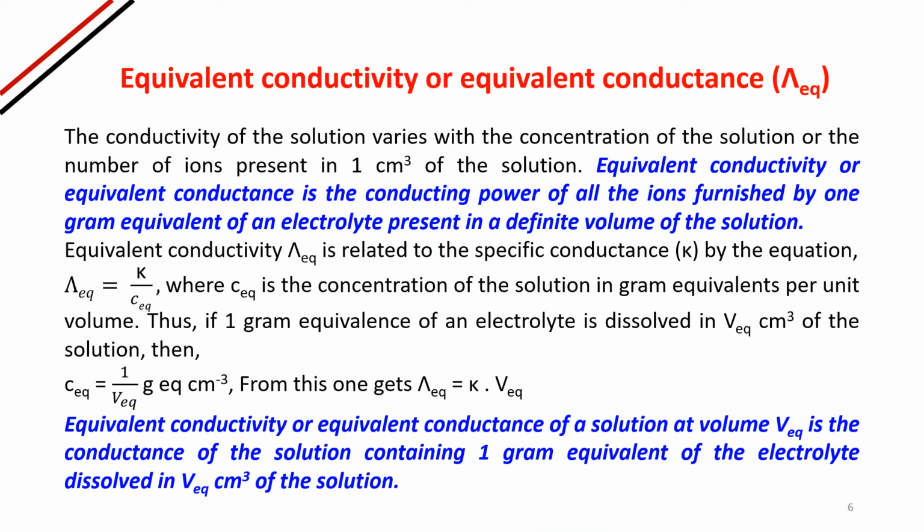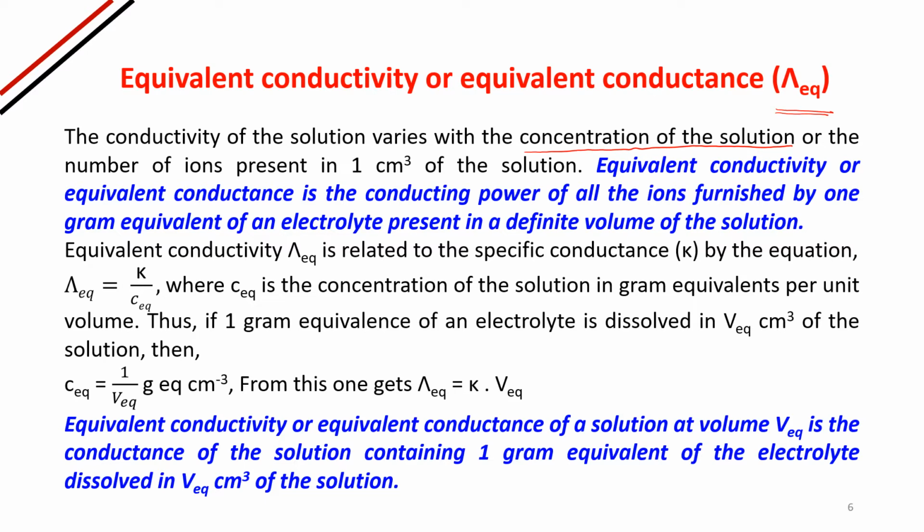Now, a new term, equivalent conductivity or equivalent conductance. This is denoted by lambda EQ. Now, what is that? The conductivity of a solution varies with the concentration of the solutions or the number of ions present in 1 centimeter cube of the solution.